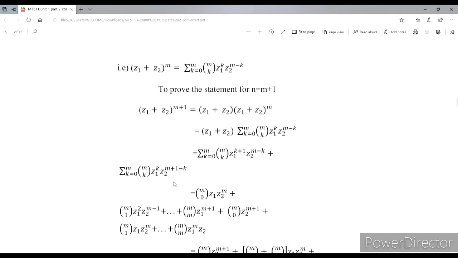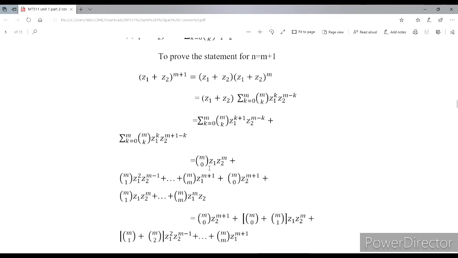Similarly, expanding the second expression, we have mC0 Z2 power m plus 1 plus mC1 Z1 into Z2 power m plus etc. The last term is mCm Z1 power m into Z2. Now, that is mC0 into Z2 power m plus 1, then plus (mC0 plus mC1) Z1 into Z2 power m.